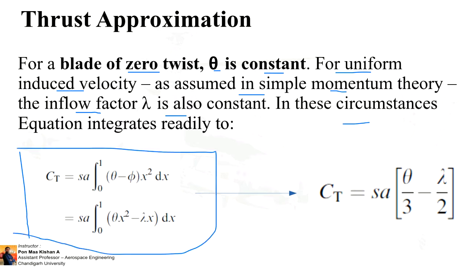From here, if we integrate, x square will be given as x cube by 3, x power 3 divided by 3, and x is given by x square by 2. Here we will be applying the limits 0 to 1.